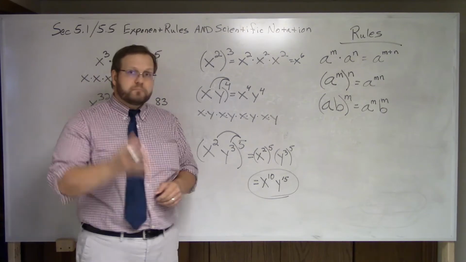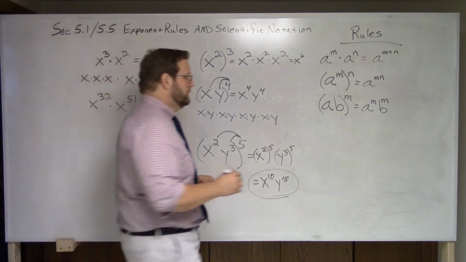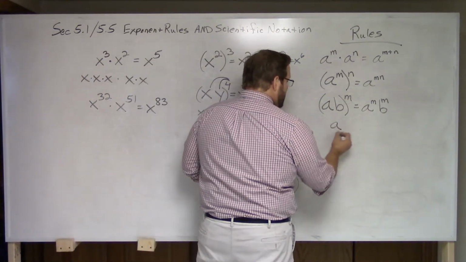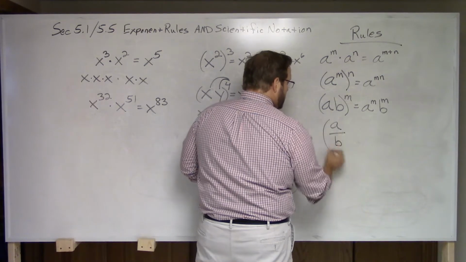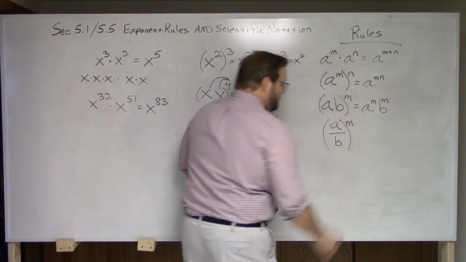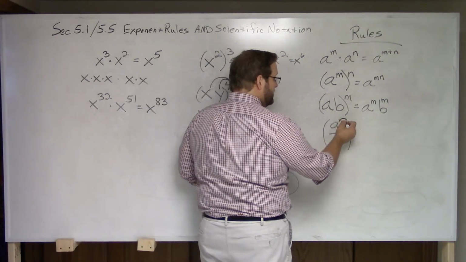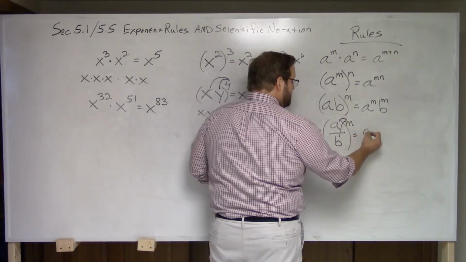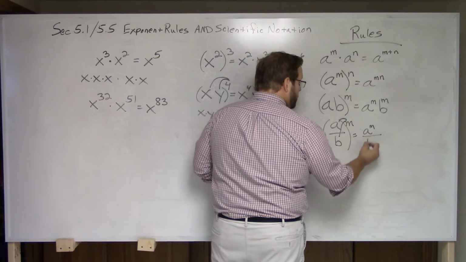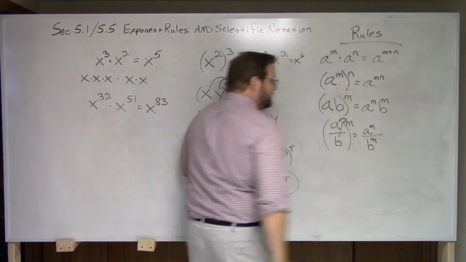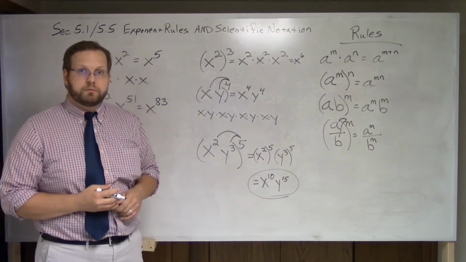Okay? A very similar rule would be when we have a base that is a quotient. Okay? Same thing here. We are going to take that exponent and apply it to both the top and the bottom. Okay?